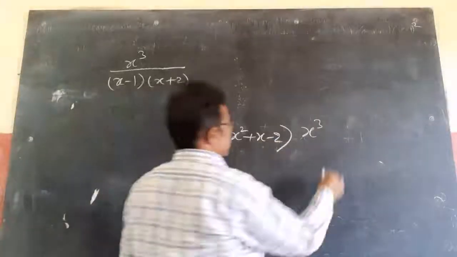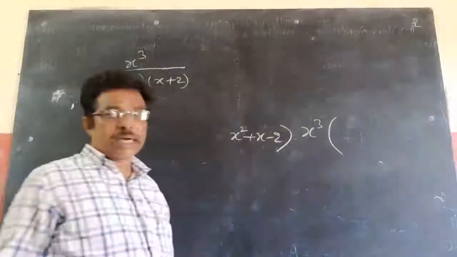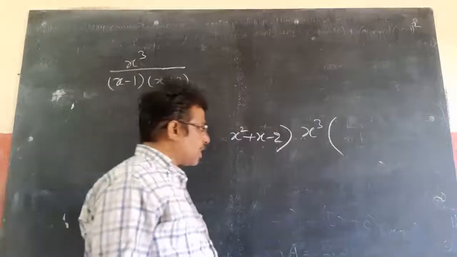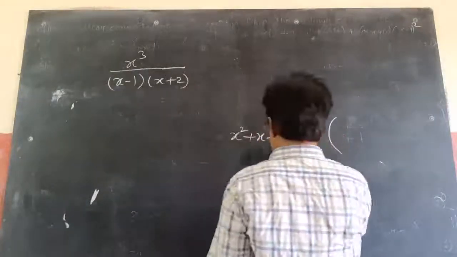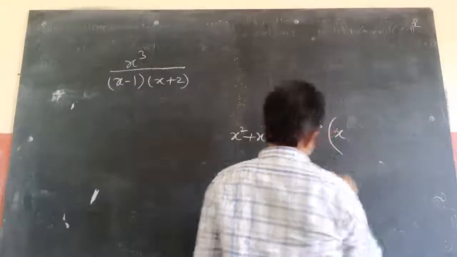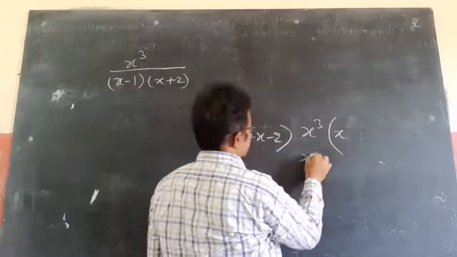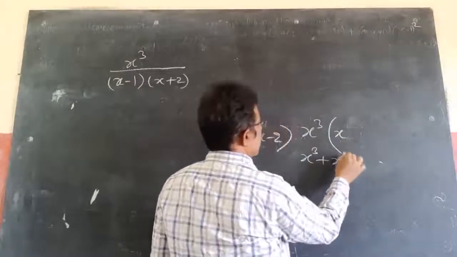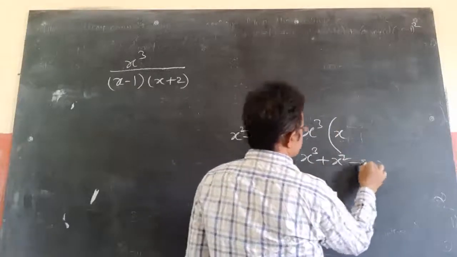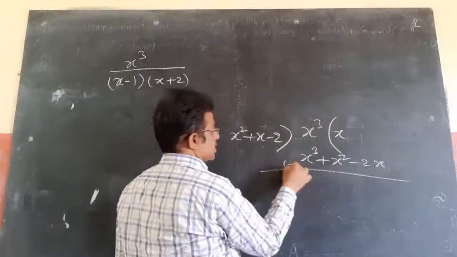So x cube with x square plus x minus 2. Ordinary division you know. So we will go for ordinary division. x cube, I need to divide with x square, so I need x into x square, x cube plus x square, x into minus 2x. Now just subtract.